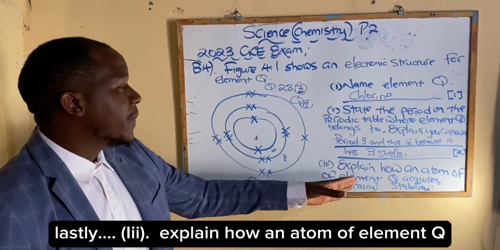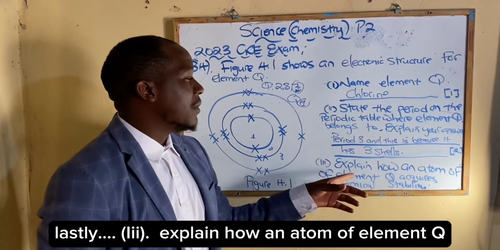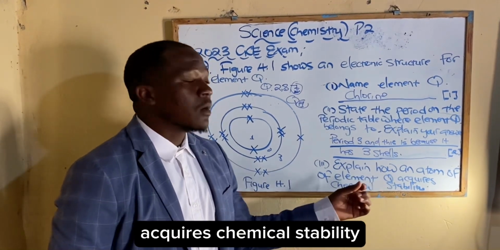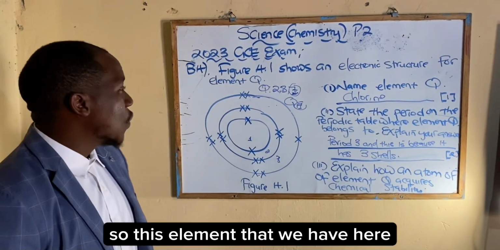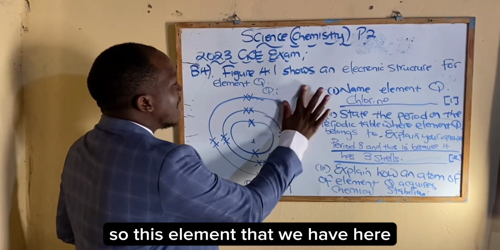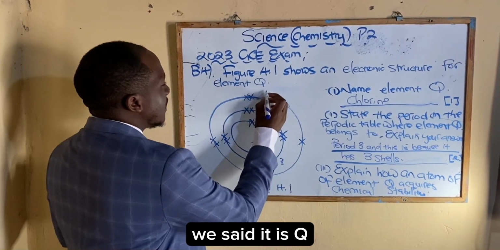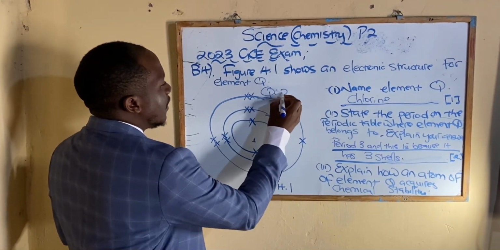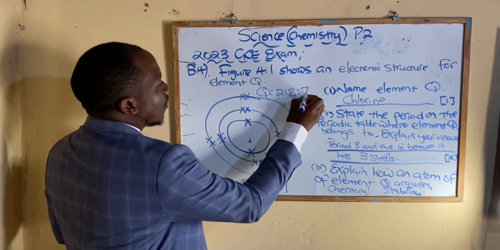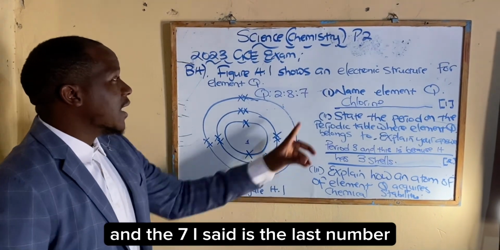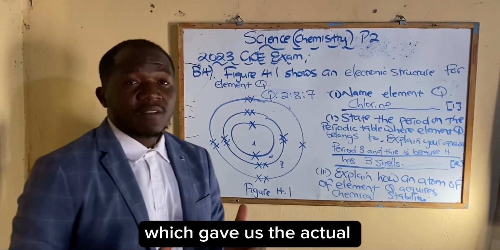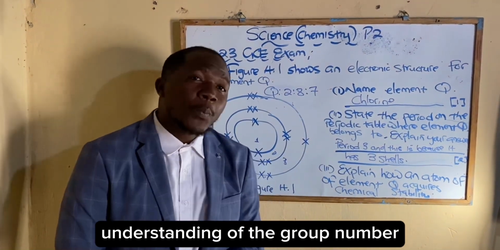Lastly, explain how an atom of element Q acquires chemical stability. So this element is Q, and then 2, 8, 7. The 7 is the last number, which gave us the understanding of the group number.